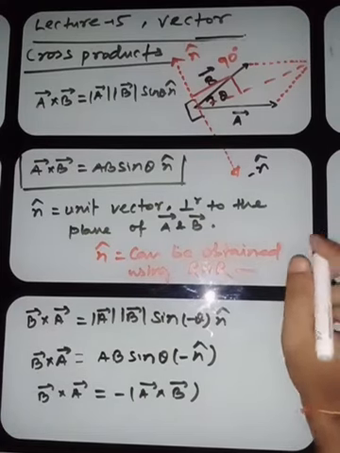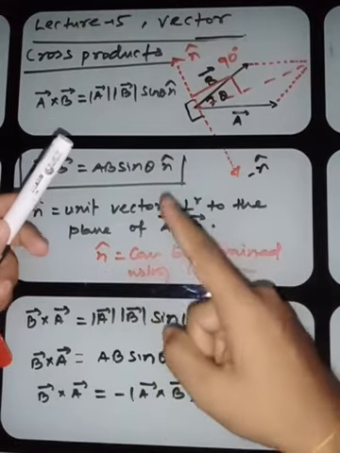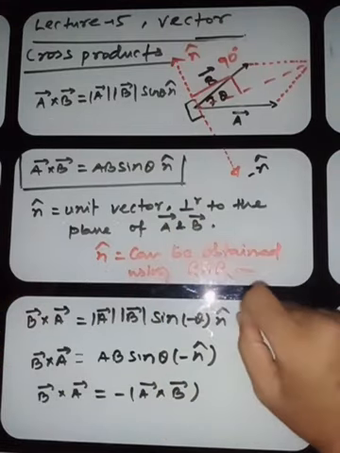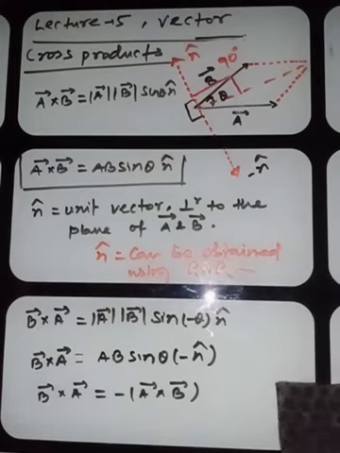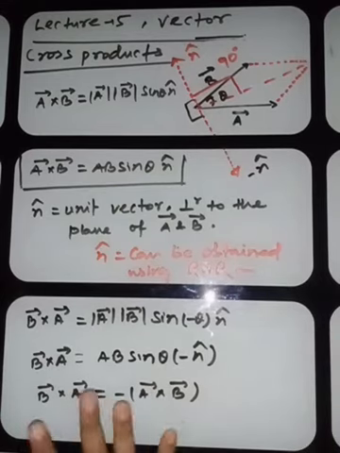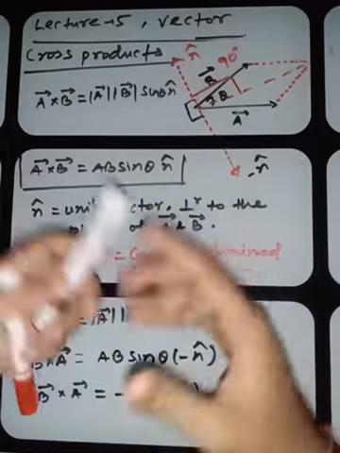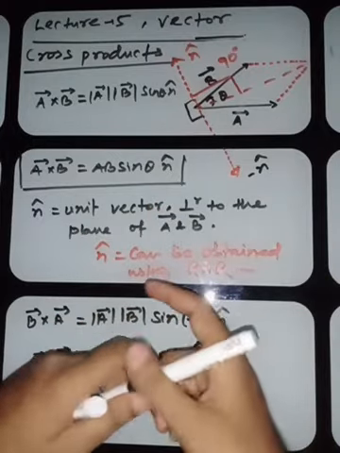Now our next aim is to know why this n cap is in the upward direction and minus n cap is in the downward direction. Let me rub this one. Before rubbing, let me tell you why and how to use this right hand thumb rule.